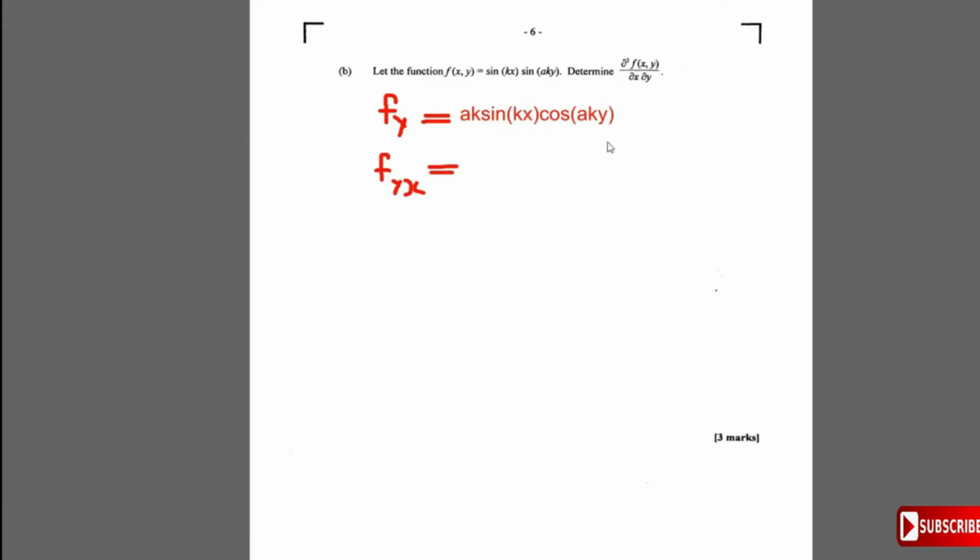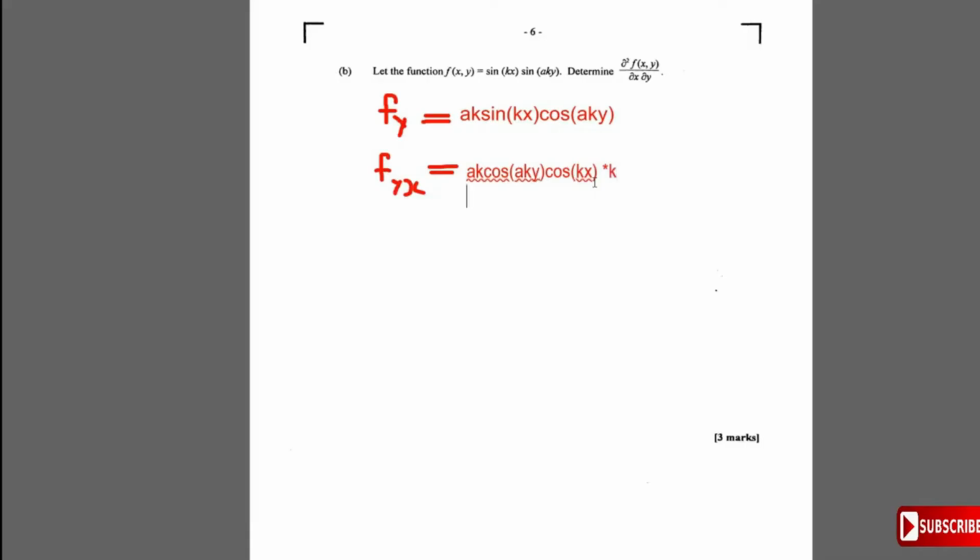Differentiating this with respect to x, we keep this part, a cos aky, as a constant. So I'm going to rewrite it as ak cos aky, just to show that that's a constant. Then when I differentiate sine kx, I get cos kx, and then I multiply it by k.